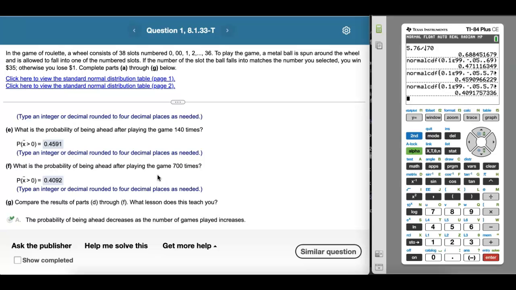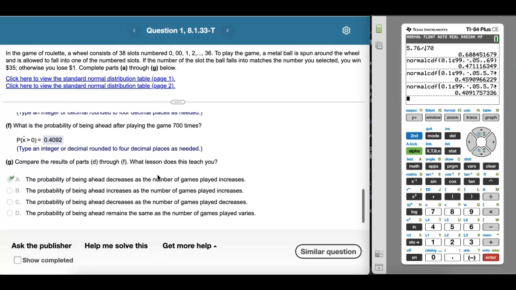It teaches us that as we increase the number of times played, our probability of being ahead decreases. And we can see all the different options here. But if you think back to expected value, that should hopefully make a little bit of sense as well, because we're increasing the sample size.